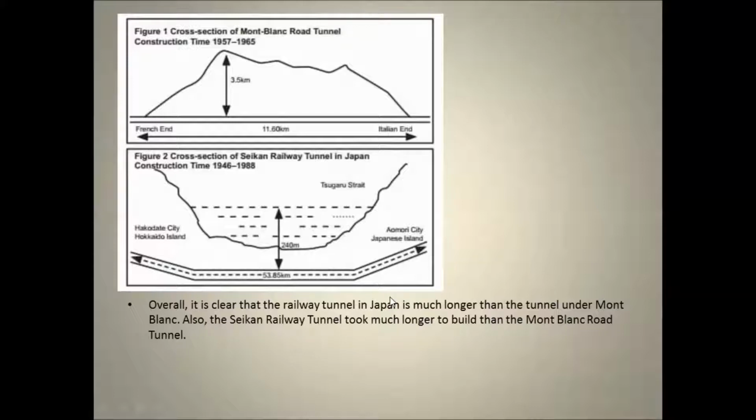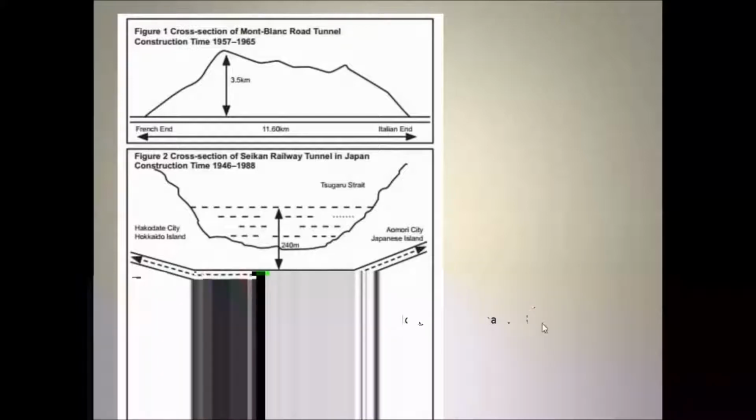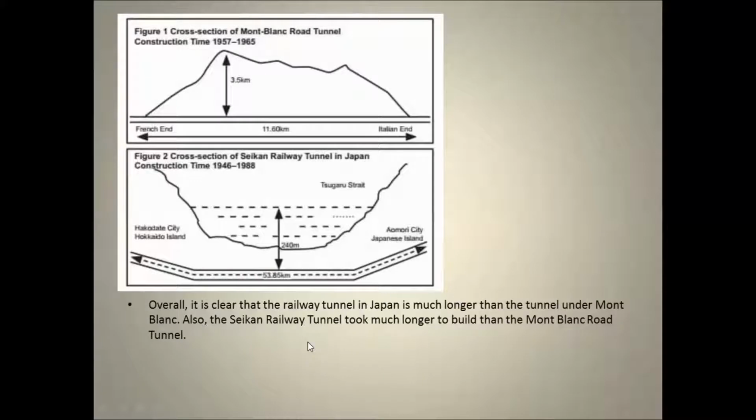Also, the second tunnel took much longer to build than the Mont Blanc tunnel. So one is about the length of these two tunnels. One is longer than the other one, and the second one is that the time it took to build the two tunnels is different. So this is the overall description about the two tunnels.